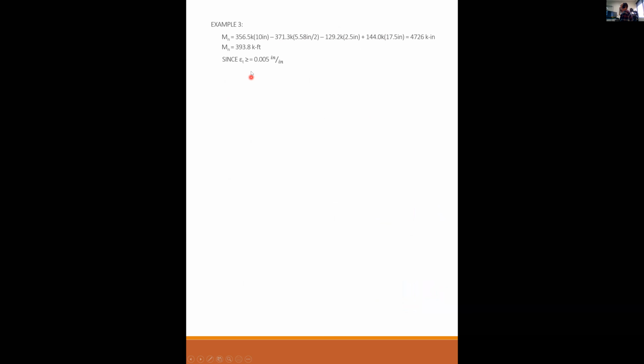Now epsilon t is equal to or greater than 0.005, so phi has jumped up to 0.9. Phi is always driven by the strain condition of the rebar. So phi Pn is 0.9 Pn, or 321 kips. Phi Mn is 0.9 times Mn, or 354 kip-feet.